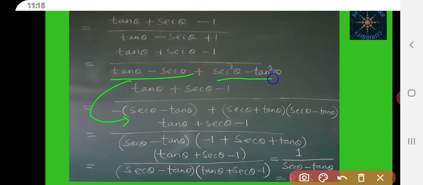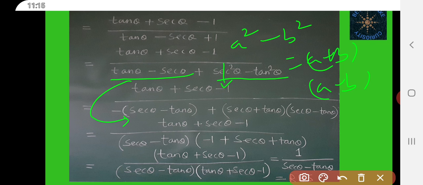Now here you see, this is in the form of a square minus b square, which is equal to (a plus b) into (a minus b). So you can write a as sec theta and b as tan theta. So you can write (sec theta plus tan theta) into (sec theta minus tan theta).